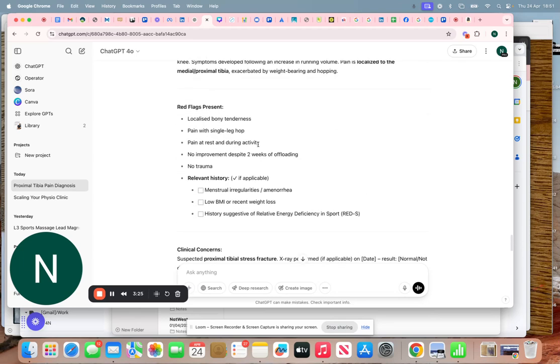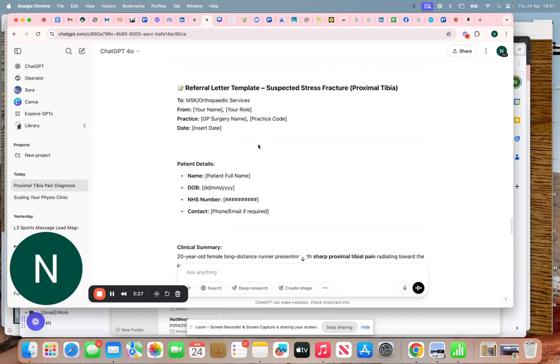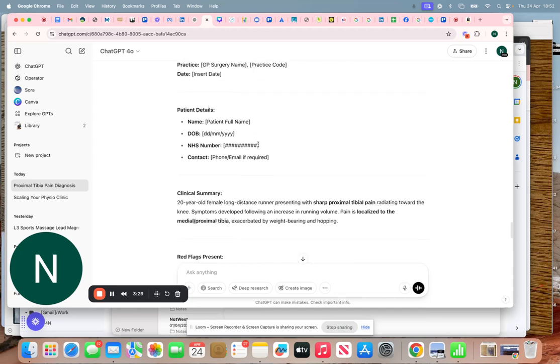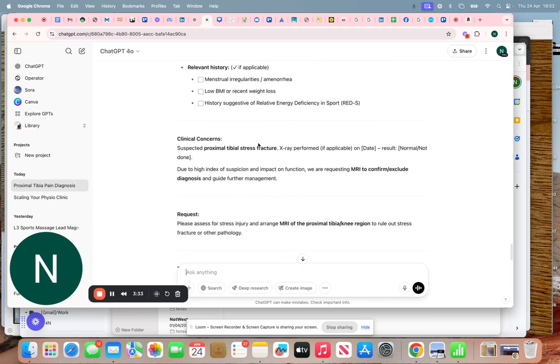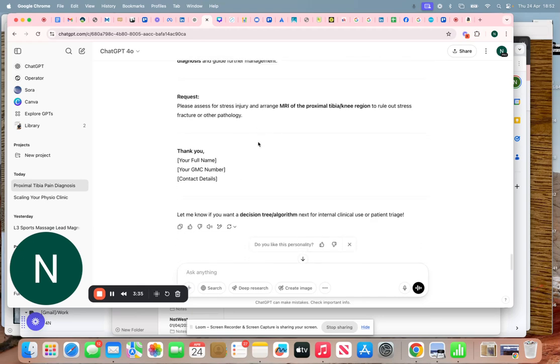This is a template, but it would perhaps improve the communication and make it really clear what you're requesting. So I'd be interested to know what you think about this particular template for a letter. Clinical summary, red flags, clinical concerns, request. Okay, I'm going to ask it, yes, I want a decision algorithm. Let's see what it says.